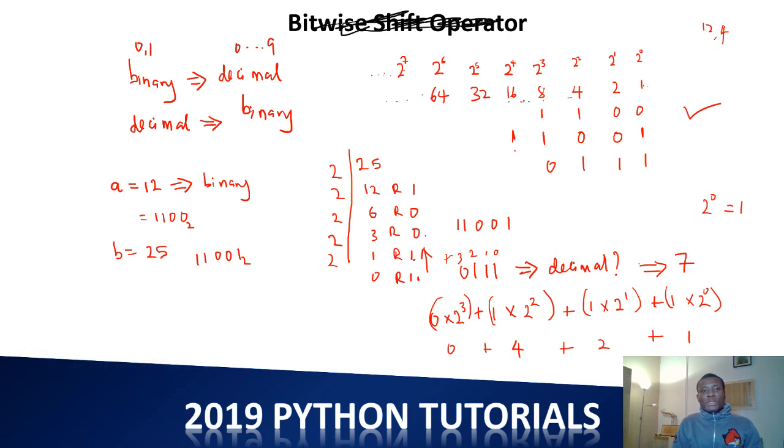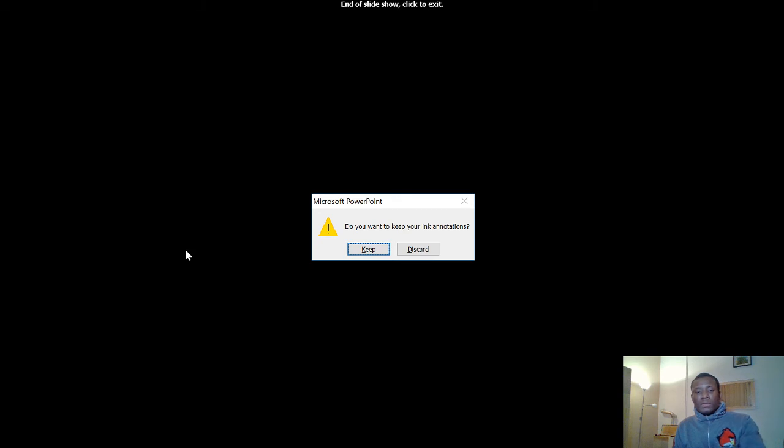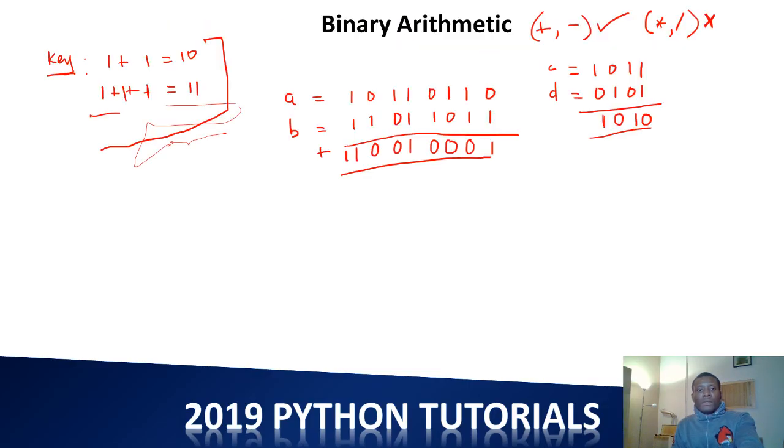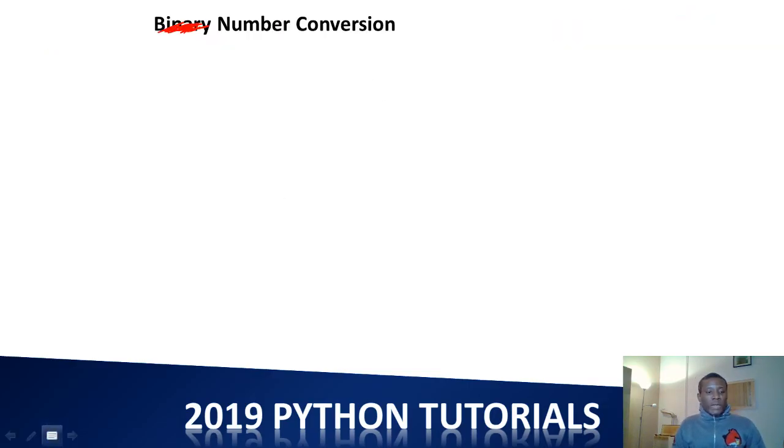So what we did was conversion. Binary conversion. So let's now go to do bitwise operation. Sorry, give me a second. Okay, so let's now do bitwise operation.